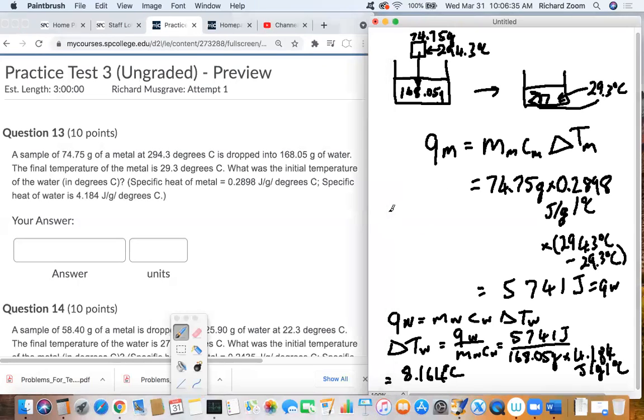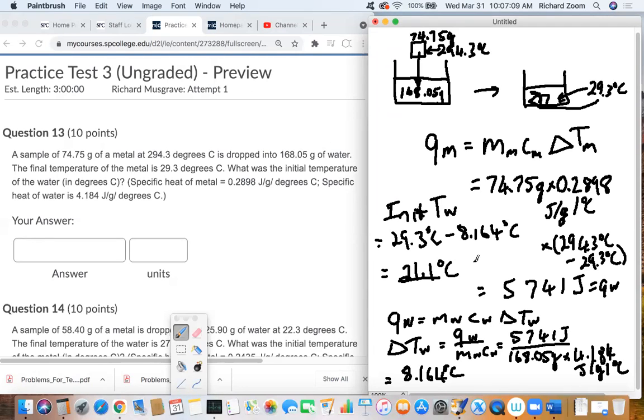So the initial temperature of the water is going to be 29.3, and this is important, minus 8.164 degrees Celsius. And that's going to give us our final answer, which is going to have one decimal place, by the way. So 29.3 minus 8.164, I'll probably do that in my head. That'd be 21.1 degrees Celsius.